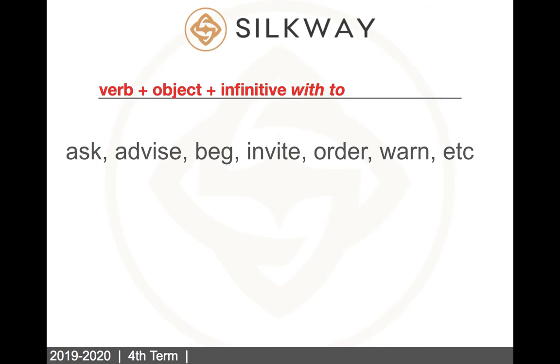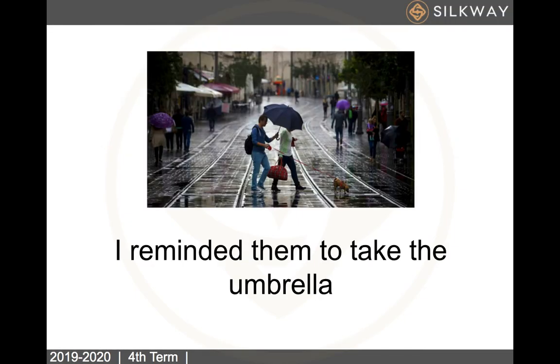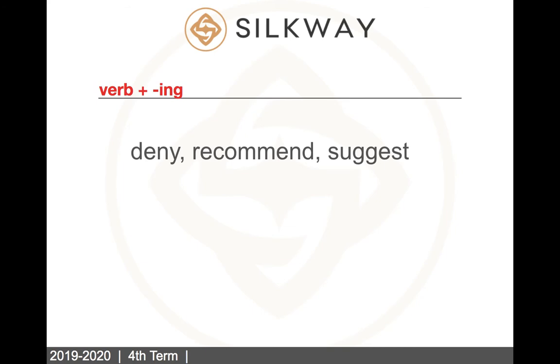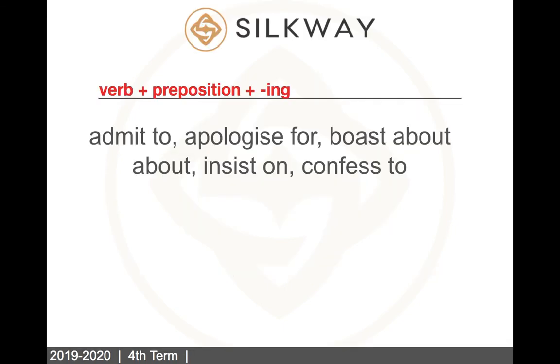Now here is another set of verbs like ask, advise, beg, invite, order, warn, and so on. We use them with an object and the infinitive with to. Like here, I reminded them to take the umbrella. Another set is used with ing: deny, recommend, suggest. So for example, I recommended watching the video. He denied taking the money.